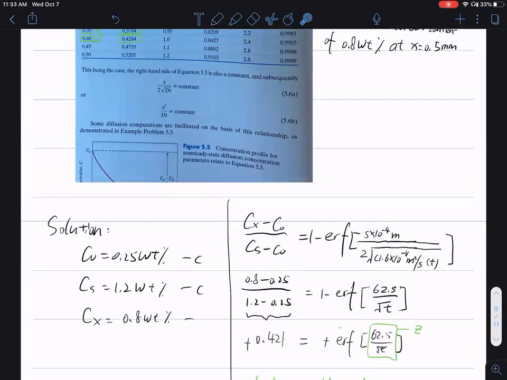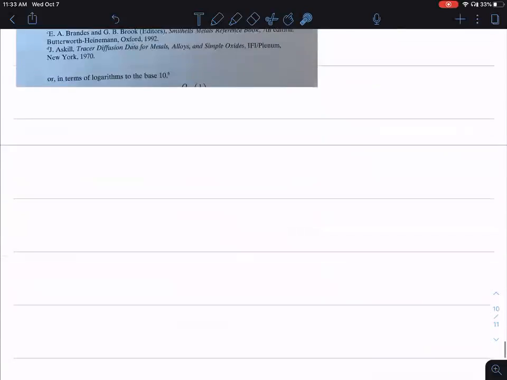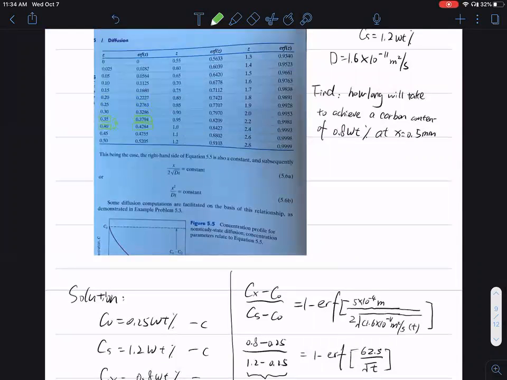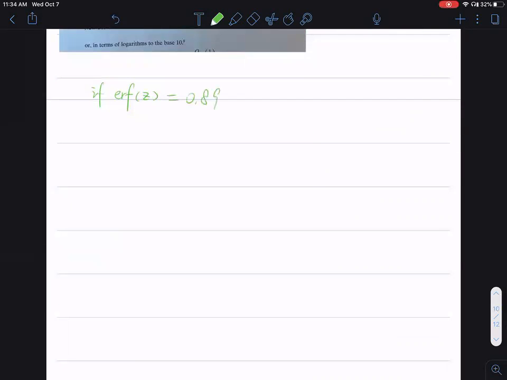Okay, let's do this. If the ERF of Z equals 0.8999, find Z.